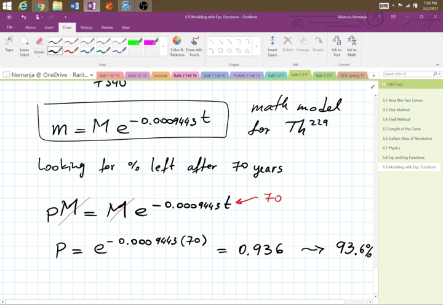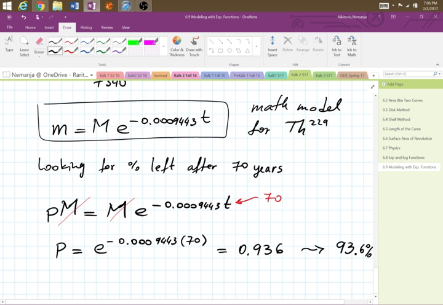When you calculate ln 0.5 divided by 7,340, it's 9.4 times 10 to the minus 5? My calculator gave me negative 4.